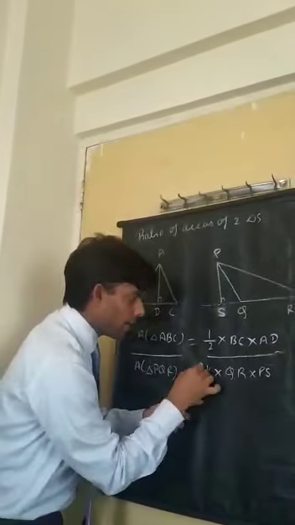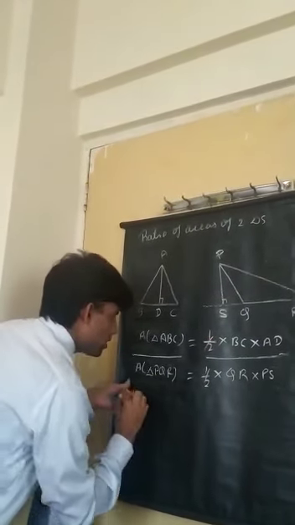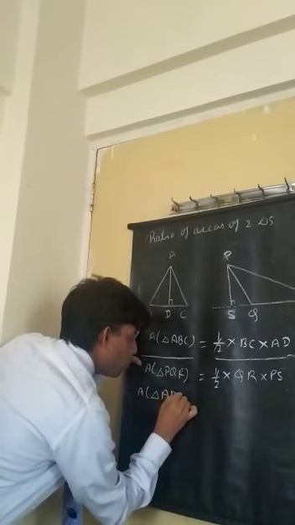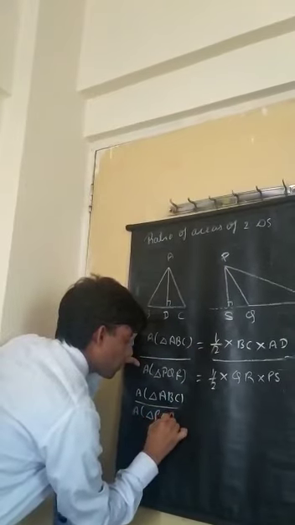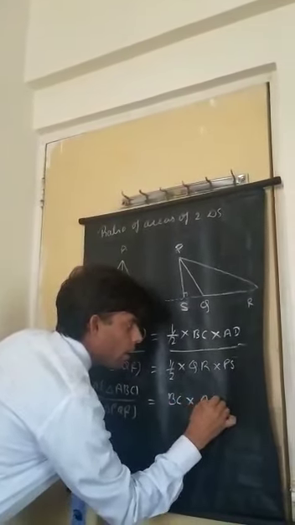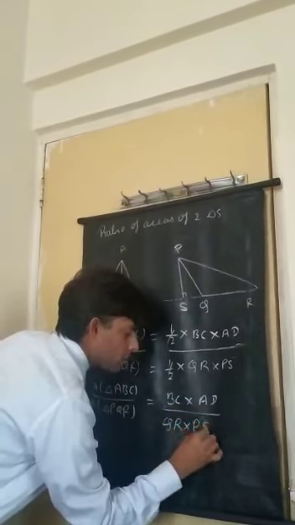The half gets cancelled, and now area of triangle ABC upon area of triangle PQR gives us BC into AD upon QR into PS.